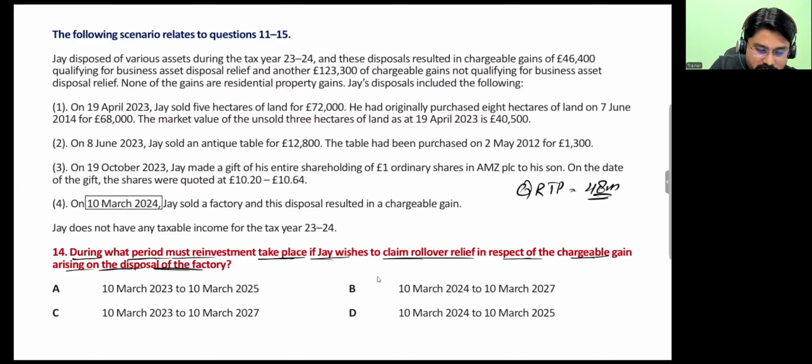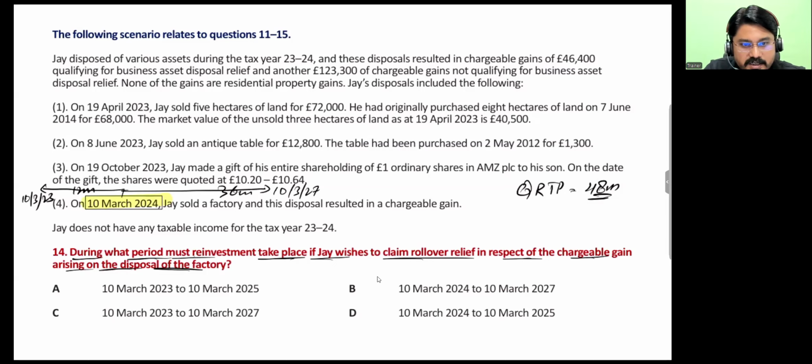But these 48 months are 12 months before disposal, the previous 12 months, and 36 months after disposal. So if we check, that will be 10th March 23. And if you move forward 36 months from 10th March 24, the first year will be 10th March 25, then 10th March 26, 10th March 27. So 10th March 27 will be the date which is after 36 months.